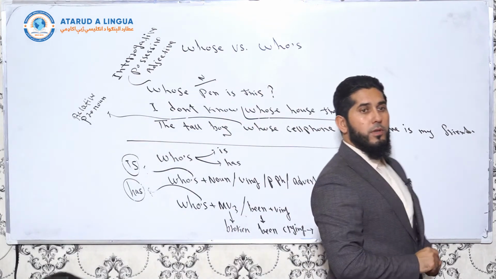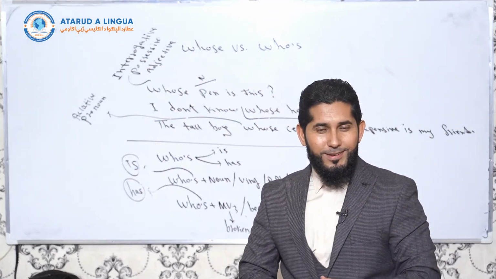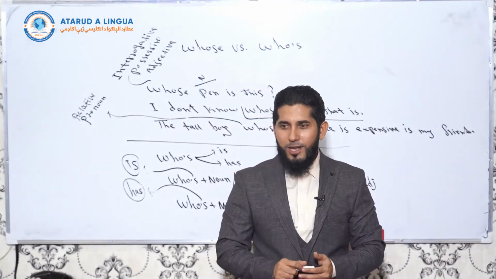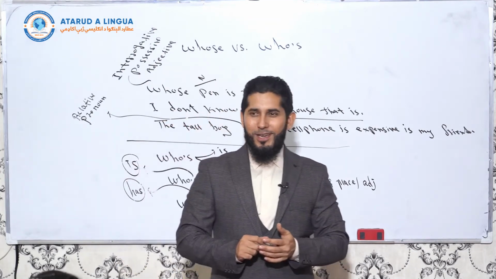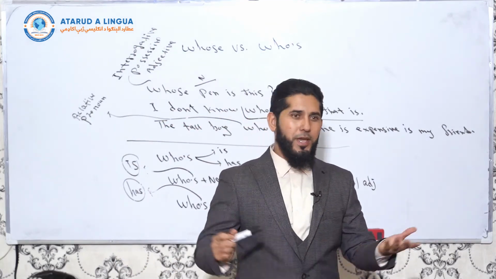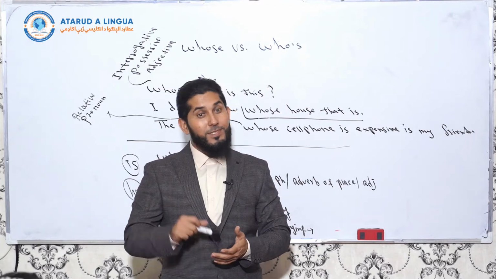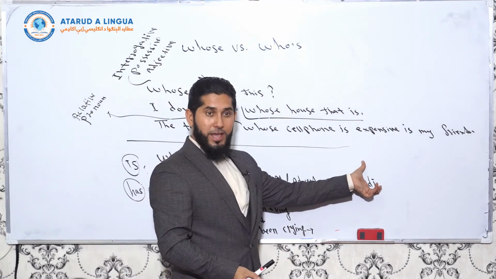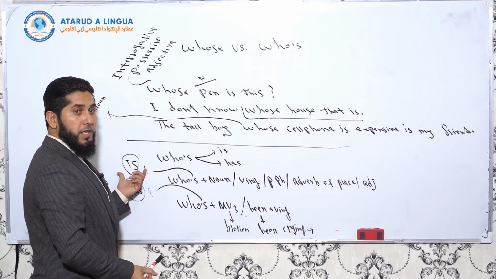Adjective: who's happy today? Who's tall? Who's short? Who's upset? Who's angry? If there's an adjective, again, it is the short form for is.